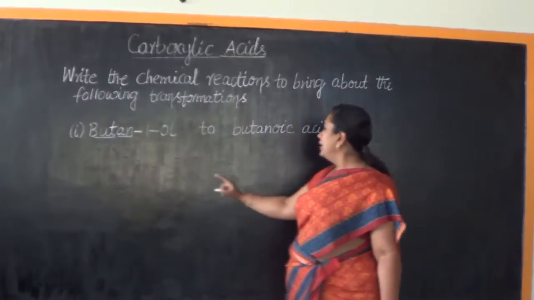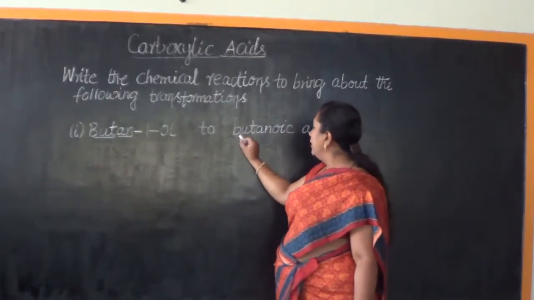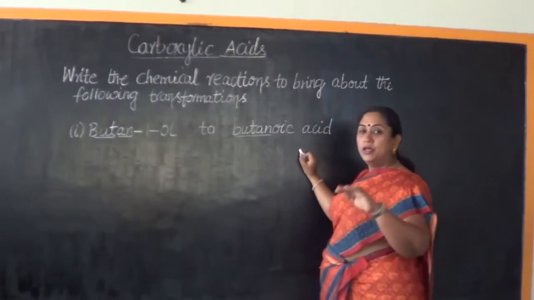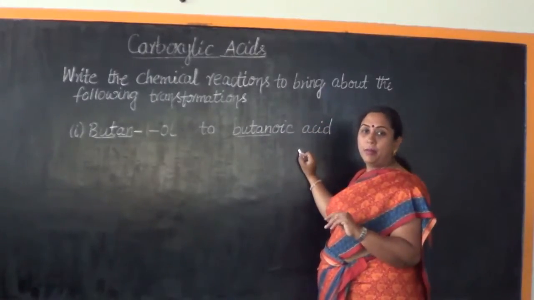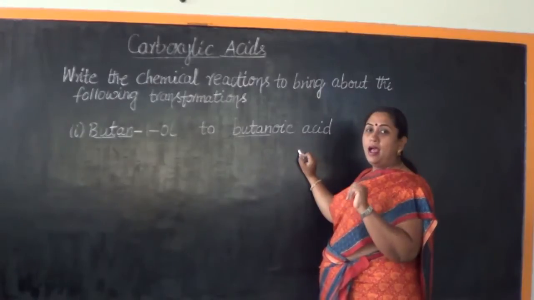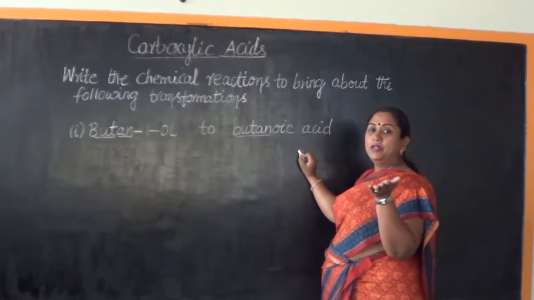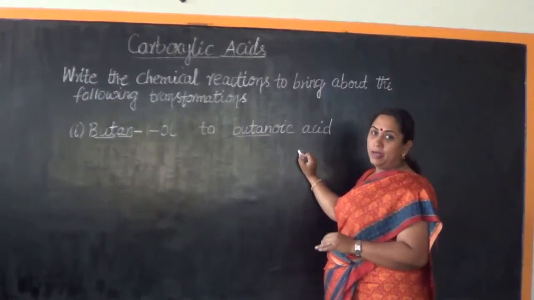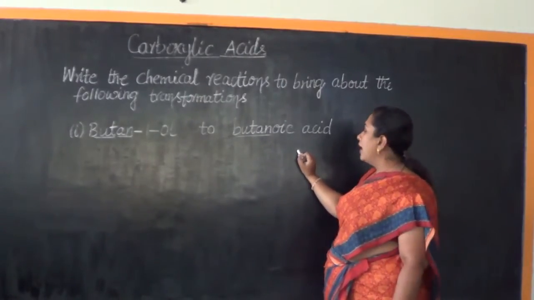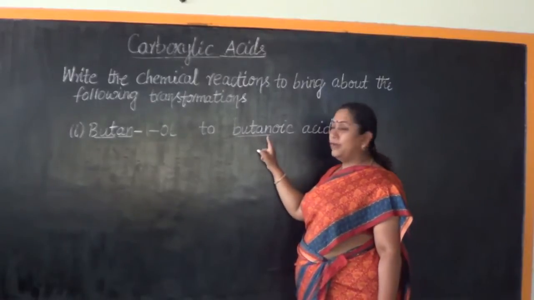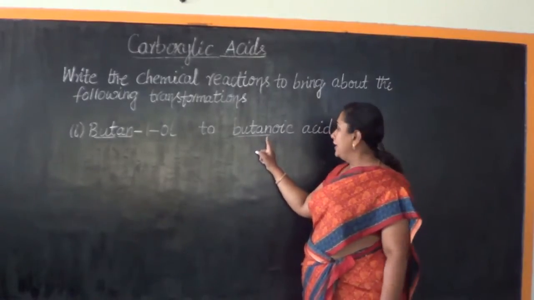Now this has to be converted into again butane, that means no change in the number of carbon atoms, point number 1, and we need not convert the alkane into alkene or alkyne for that matter. We just need to retain the alkane as such. The name is giving us this particular information.